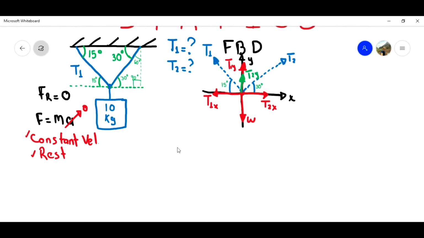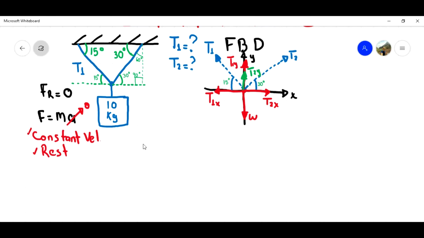Okay, so let's continue, guys. Let's solve the problem. Let's start with the analysis of the x and y axes. First, the x axis. Remember, I told you the sum of all forces in this case is going to be 0. So the sum of all forces in x equals 0. Everything that goes to the right is positive.